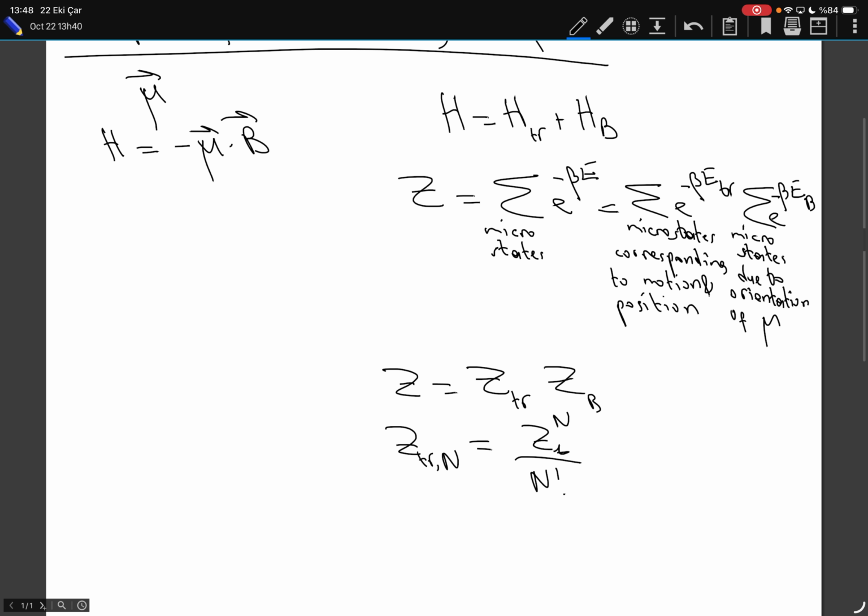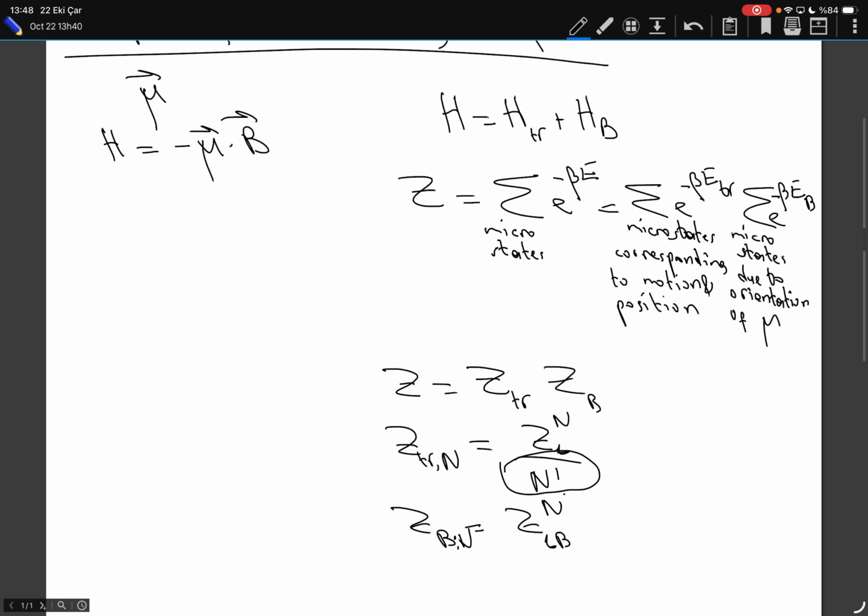And if the magnetic properties do not interact with each other, if we ignore the interaction between, let's say, the spins of the electrons or the magnetic dipole moments of a given system of atoms, then ZB will be just Z1B to the power N. Now, there is no N factorial in this new Z because the N factorial is already over here.